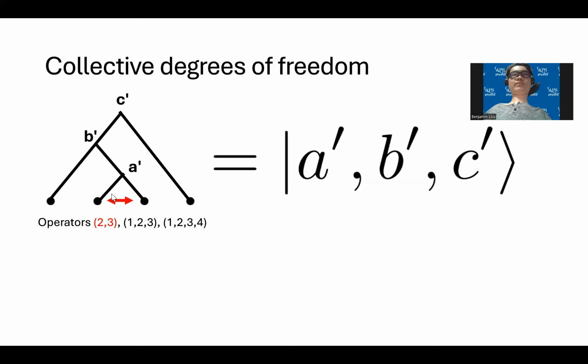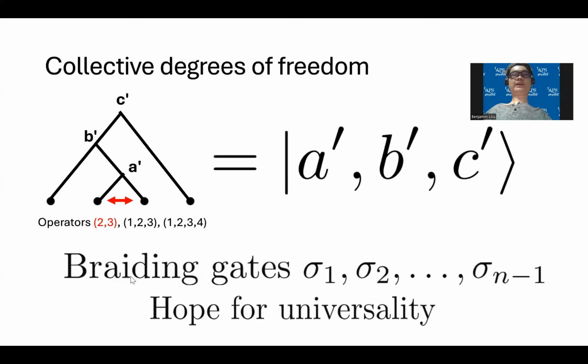And at the end of the day, we can characterize in a similar way the effect of swapping any two adjacent particles. And that gives us a set of n-1 gates that we can apply at will.